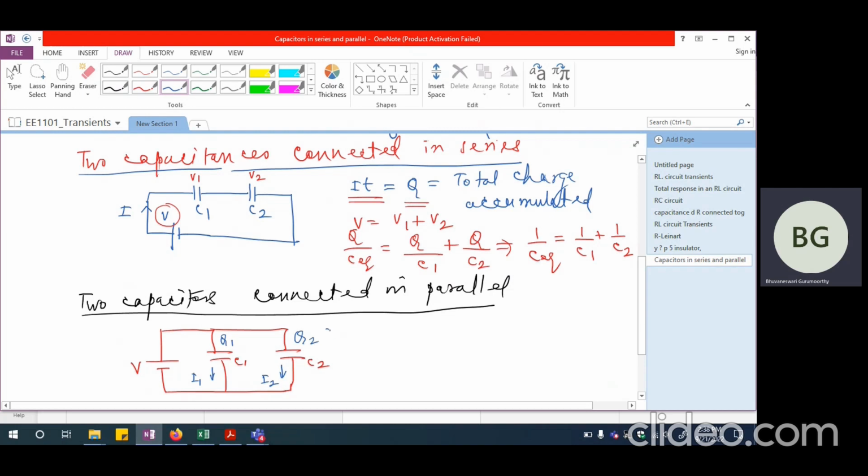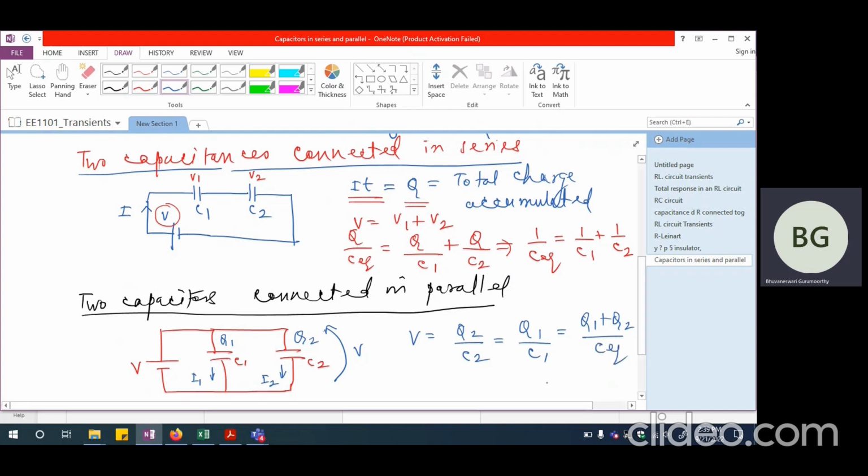Now the voltage is going to be common across all the branches because all of them are connected in parallel. So I'm going to have V equal to Q2 divided by C2. That is also going to be equal to Q1 divided by C1. Okay. And this should be whatever is the total charge that has been transported, the total Q divided by C equivalent.